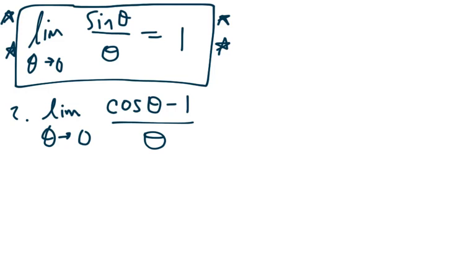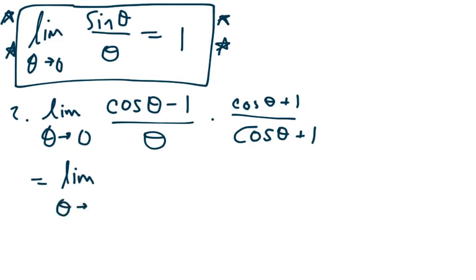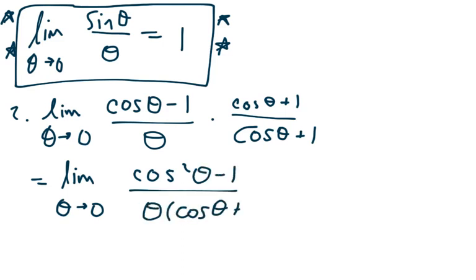So here's where we might want to employ our technique of multiplying by a conjugate. If we do that, we end up with the limit as theta goes to 0 of cosine squared theta minus 1 over theta times cosine theta plus 1. And we can use the Pythagorean identity to rewrite the numerator as minus sine squared theta.